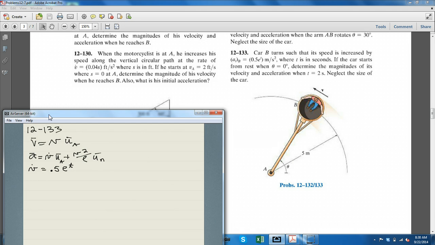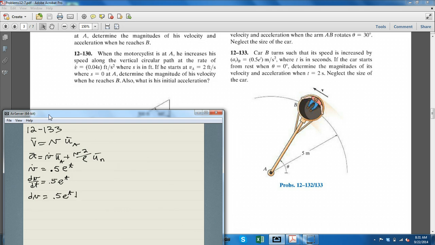That's a differential equation, right? How do we solve differential equations? Separate the variables, okay? So this is dv/dt equals 0.5 e to the t. I'm going to multiply through by the dt. I'm going to have dv equals 0.5 e to the t dt.